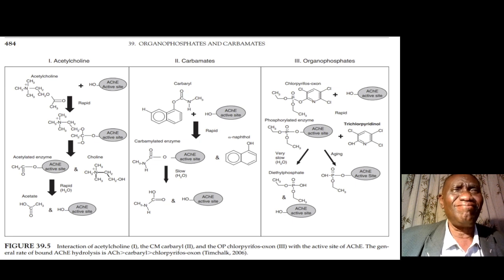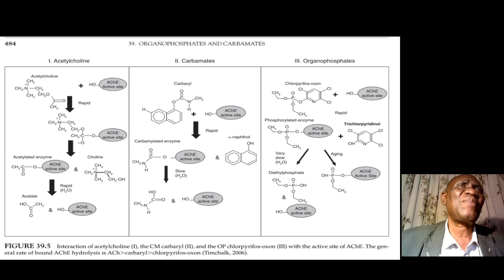But the basic information is that when you have a pesticide, it interferes with the enzyme, which leads to excessive acetylcholine, which leads to the transmission of a continuous signal, which will then lead to the destruction of the insect.